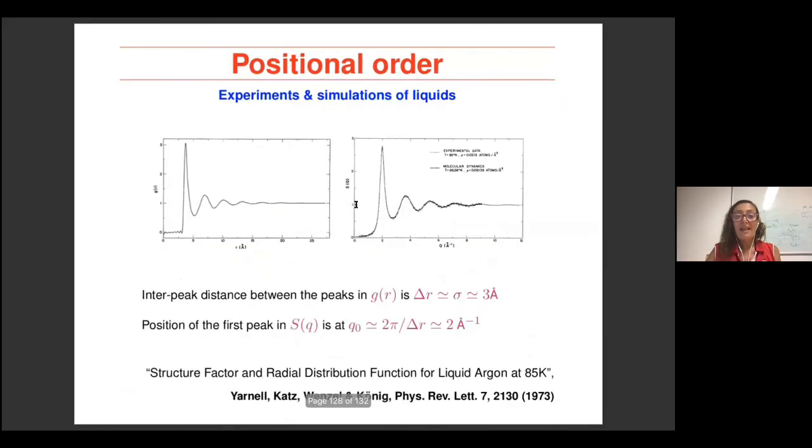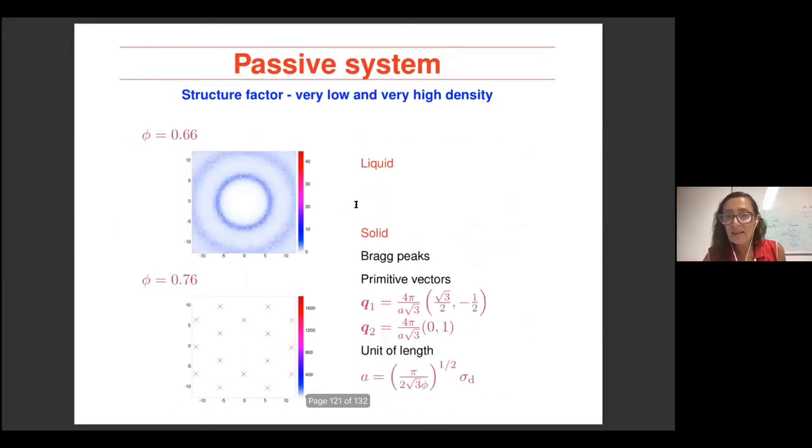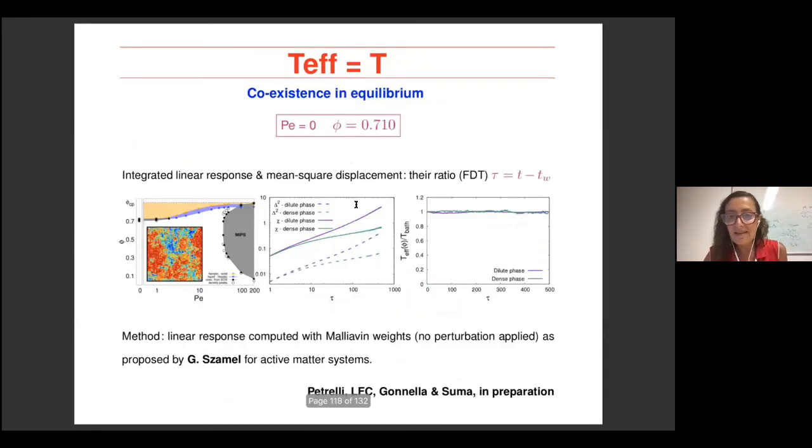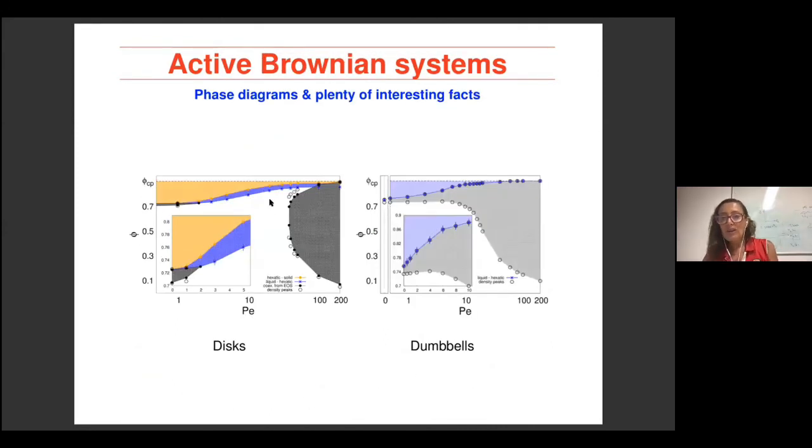I'm sorry for that. So what happens basically for the dumbbells, which are elongated particles made of two beads joined together by a spring. Here it is. So you see, this is the comparison between the active Brownian particles and the active dumbbells. Dumbbells are just two beads joined together either by a spring or by a link which is not able to fluctuate and not to bend.